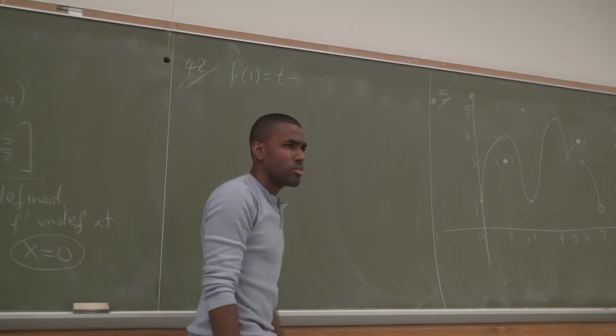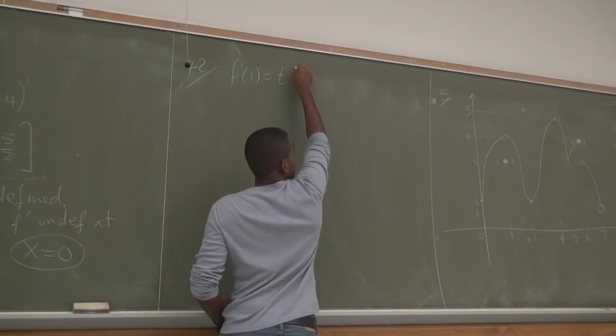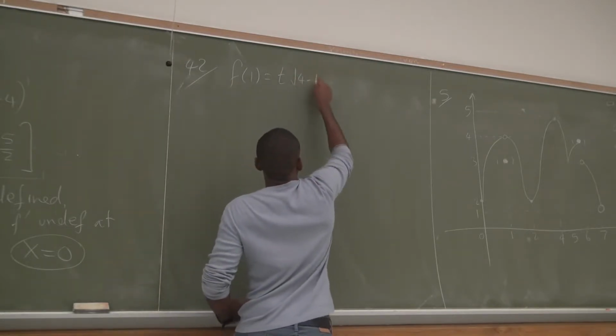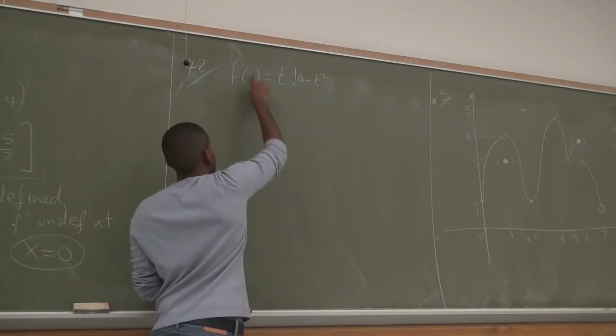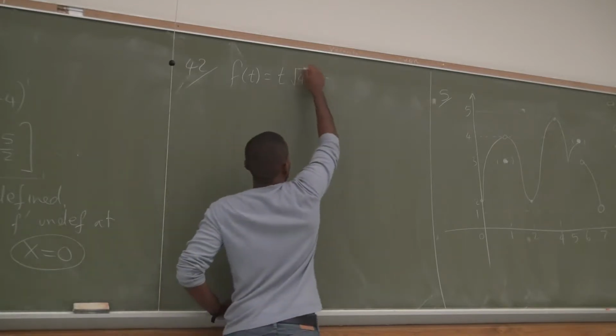T times radical 4 minus t squared. F of t. That's pretty well. This is question 41.